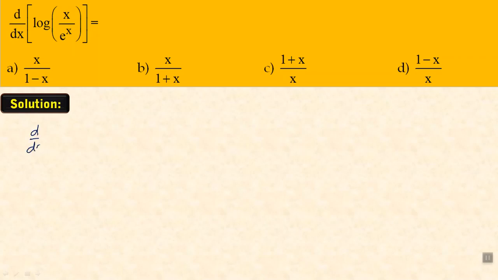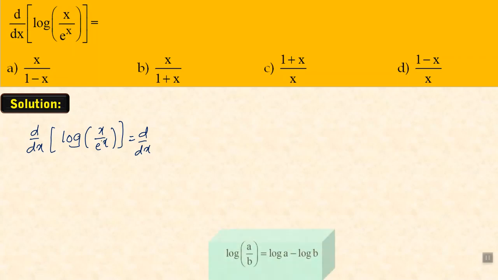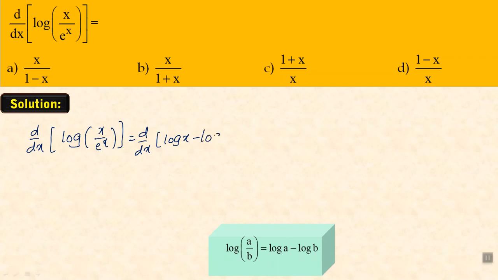d by dx of log of x by e power x is equals to d by dx of, it is in the form of log of a by b. We know that log of a by b is equals to log a, that is log x, minus log b, that is log e power x.